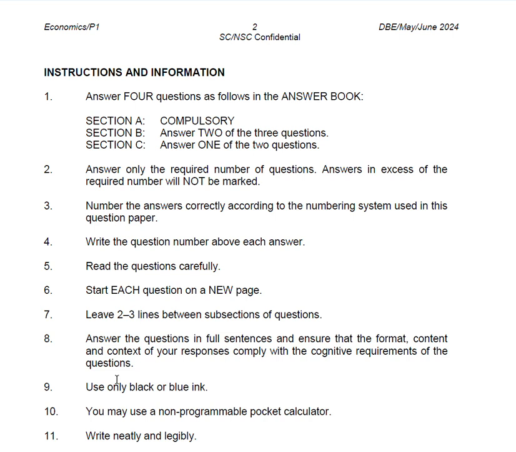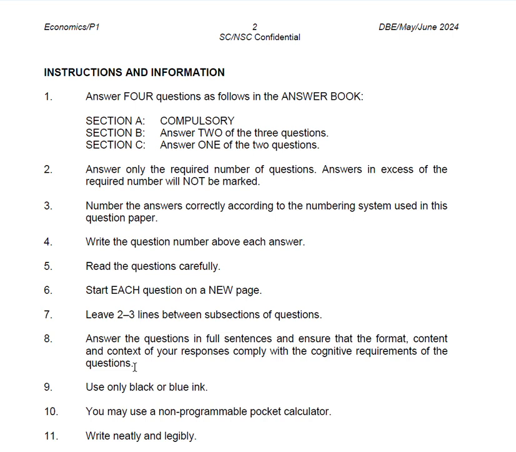Then we're looking at number 8: answer the question in full sentences and ensure that the format, content, and context of your response comply with the cognitive requirements of the questions. It is important that you do not use the language that you use when chatting with friends on WhatsApp, Facebook, or whatever you call it.